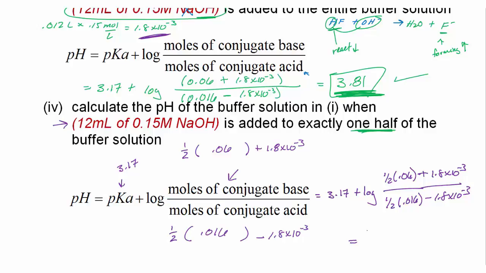Okay, 0.5 times 0.06 plus 1.8 times 10 to the negative 3, divide by, parentheses, 0.5 times 0.016 minus 1.8 times 10 to the negative 3, close parentheses, equals log 0.71 plus 3.17. You get about 3.88.